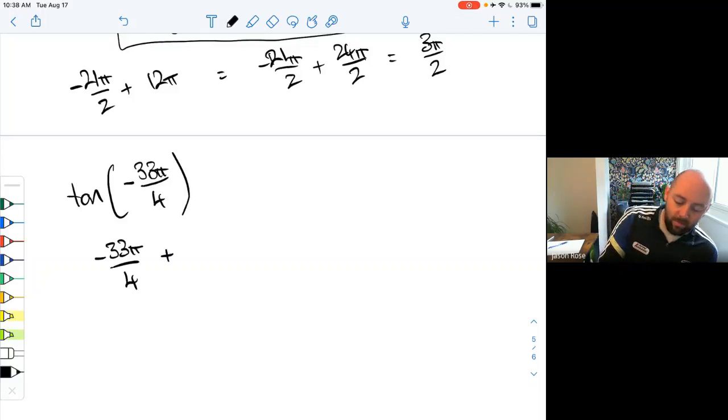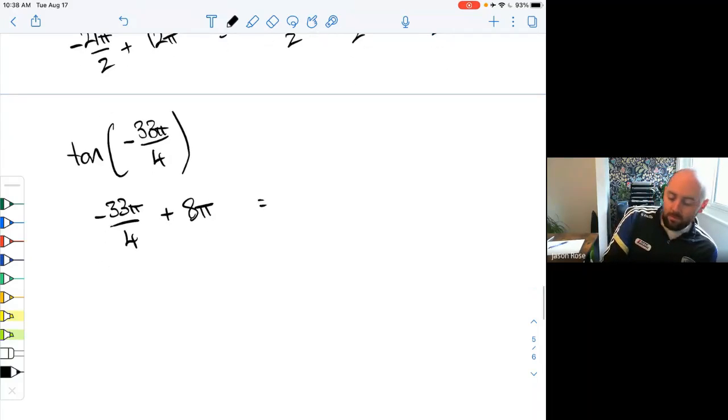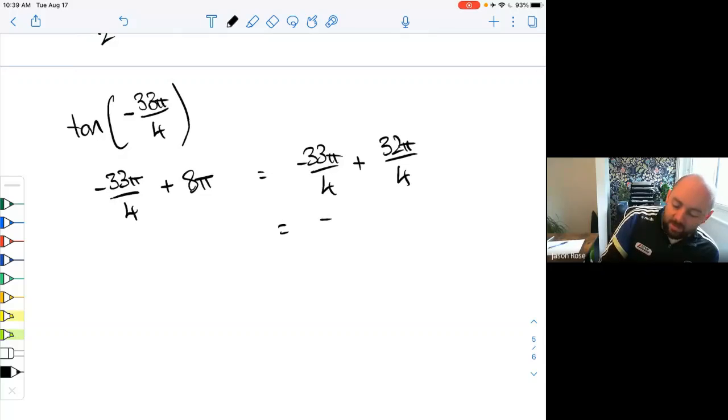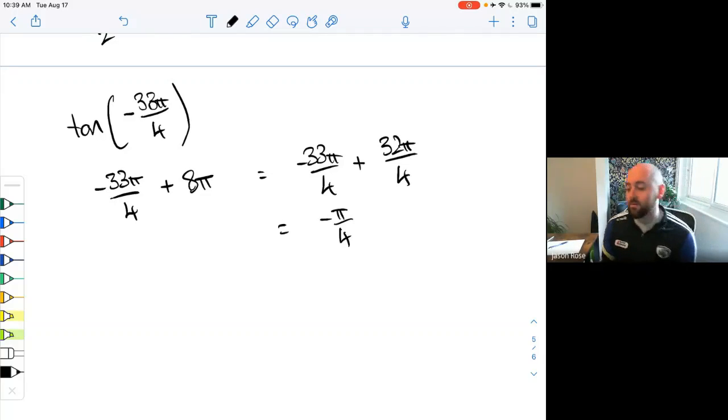Eight pi. Let's try 8 pi. So minus 33 pi over 4, 8 pi is going to be plus 32 pi over 4. That's pretty good. So that gets me to minus pi over 4. Now, some people are comfortable working with negative angles. That's totally fine. I haven't been doing it in this course though, so if you're fine with working with negative angles, you can.